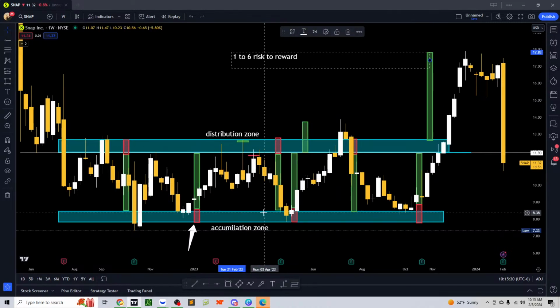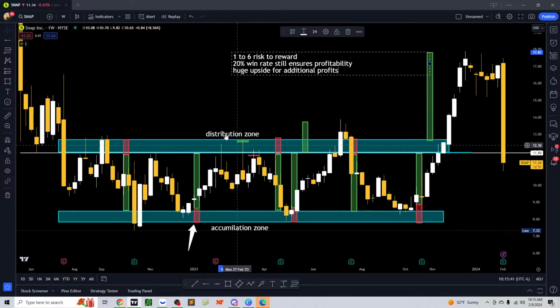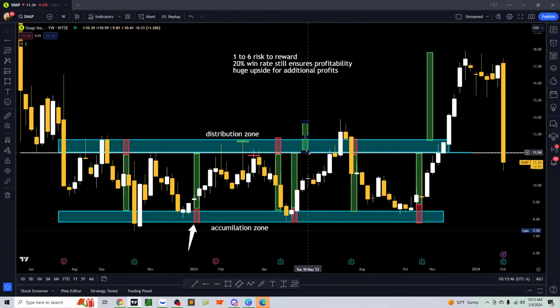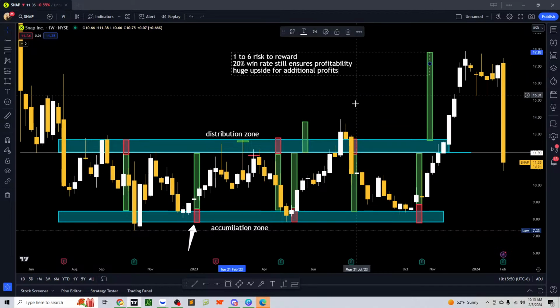First of all, 20% win rate ensures profitability, huge upside for additional profits with a clear understanding of where to cut. That's the thing. So on this trade here, if we trim as we break up, we understand exactly where to cut, where we're not giving it back.